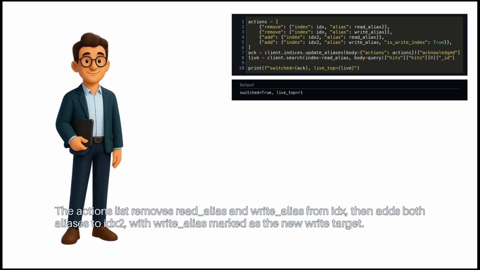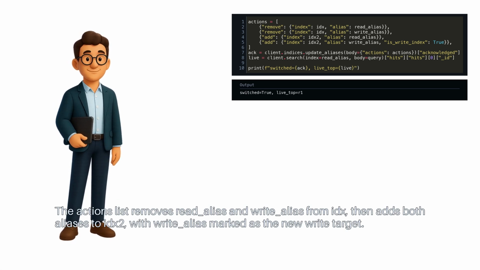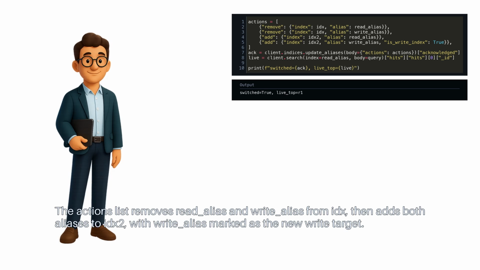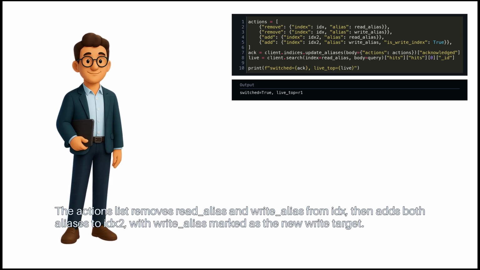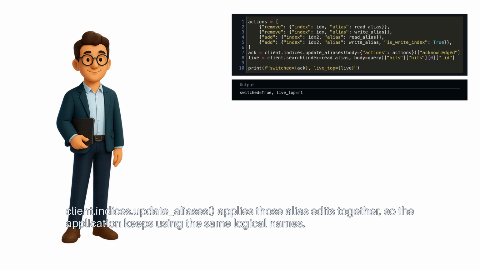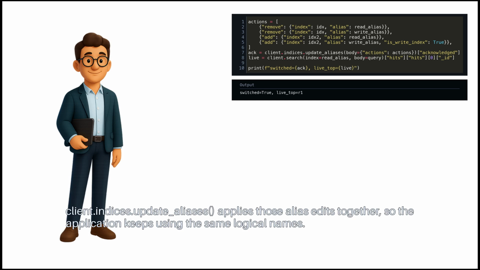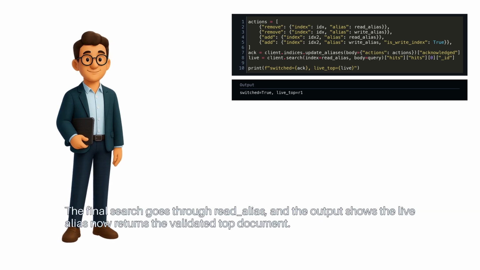The actions list removes read alias and write alias from IDX, then adds both aliases to IDX2, with write alias marked as the new write target. Client.indices.update_aliases applies those alias edits together, so the application keeps using the same logical names. The final search goes through read alias, and the output shows the live alias now returns the validated top document.